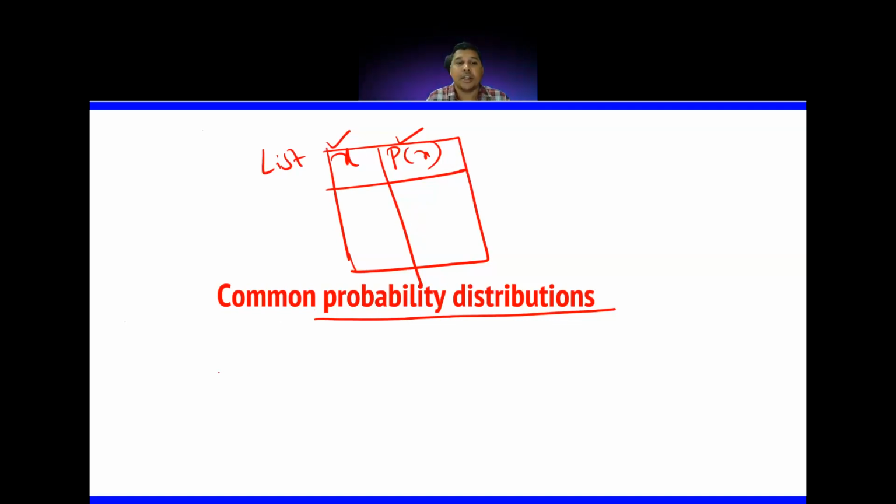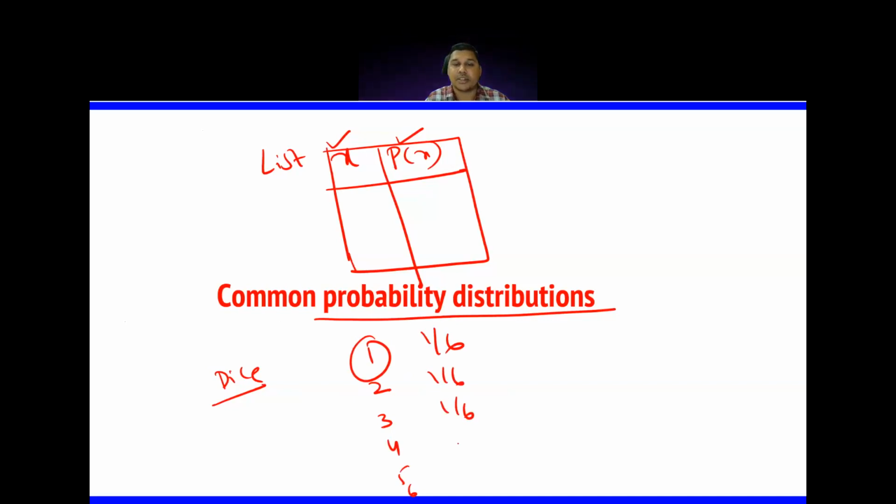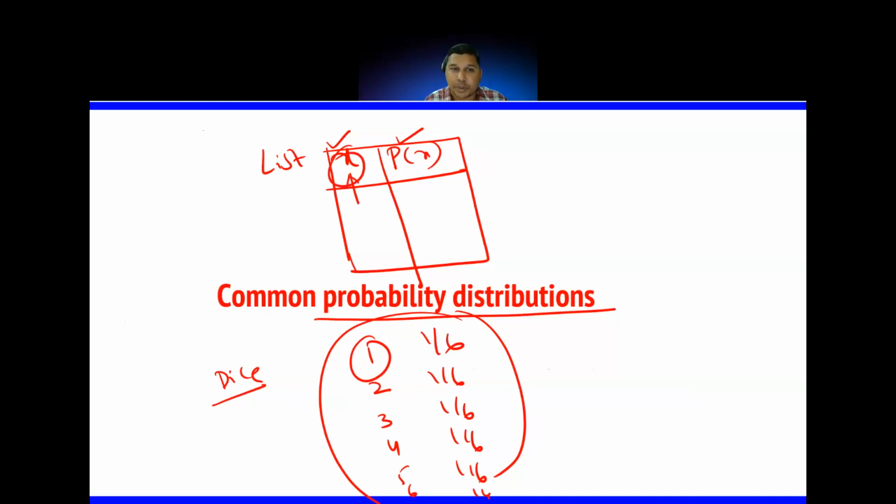For example, if I roll a die, I may get the values 1, 2, 3, 4, 5, 6. And what is the probability of getting 1? It is 1 by 6. Similarly, 1 by 6. Like this, if we group together the values of the outcomes of that random variable and the probability of getting each particular outcome, and store it with us, then this kind of data forms a probability distribution.